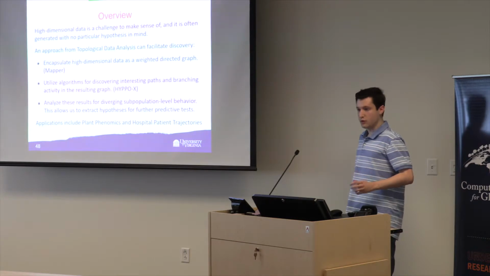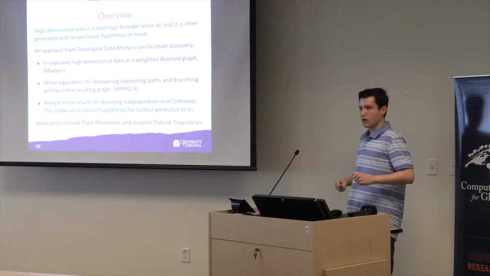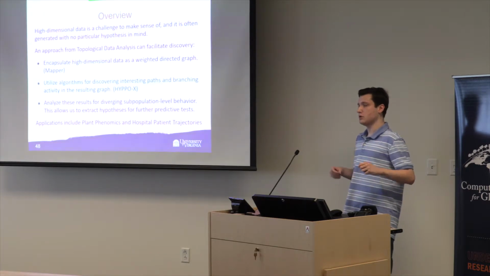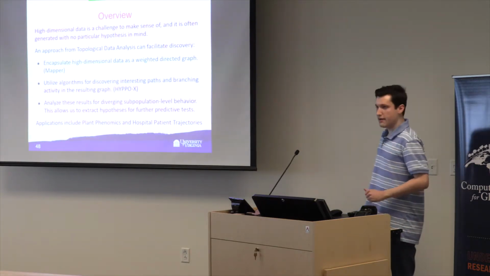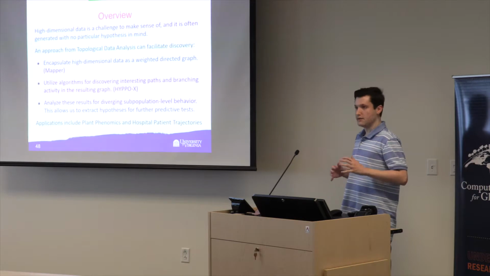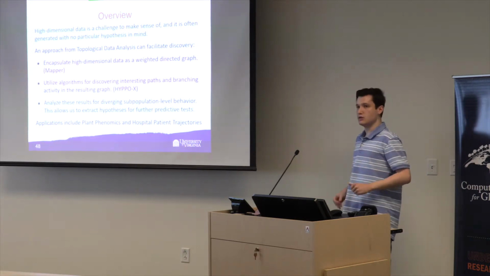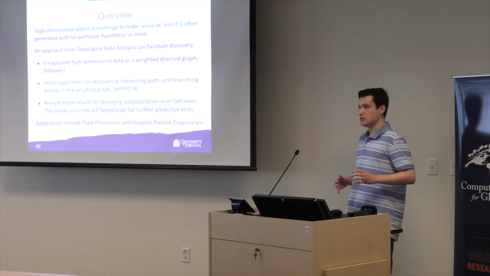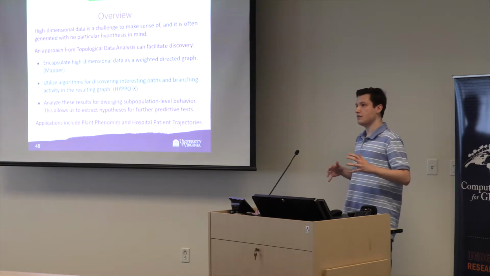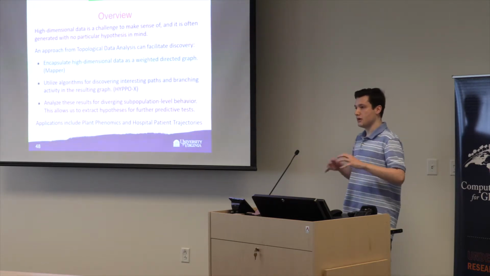What we want to do is go from our high-dimensional data to a weighted directed graph. So essentially, we're simplifying what we're looking at. And with this graph that's easier to visualize, we can utilize optimization algorithms to discover the most interesting activity, whether it's paths or branching activity.